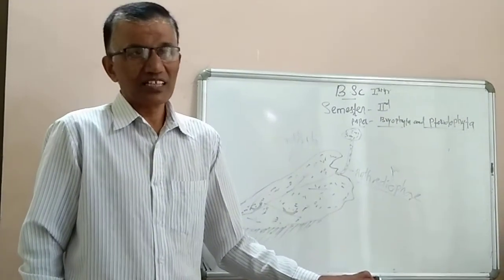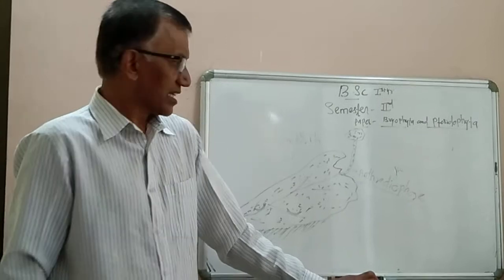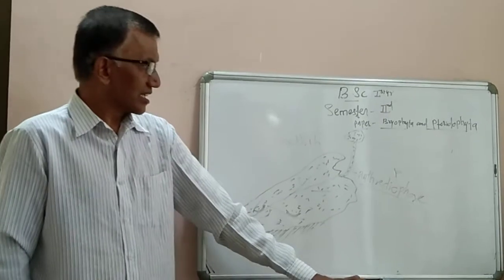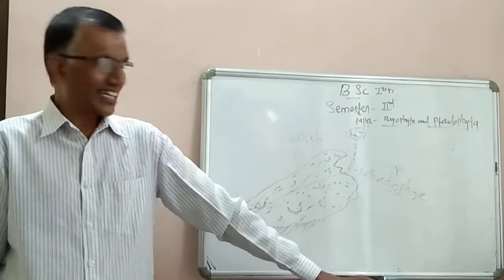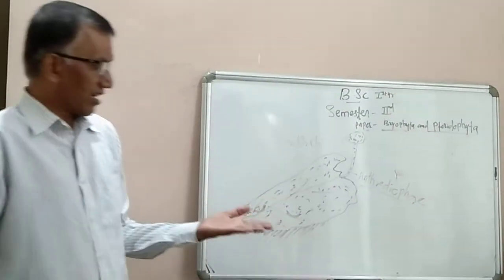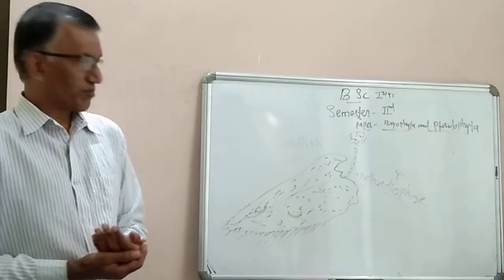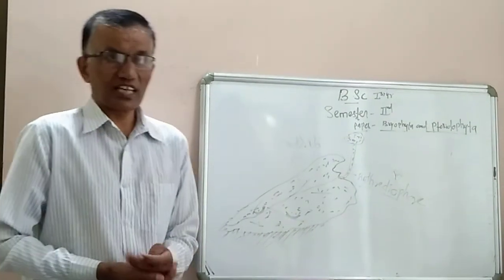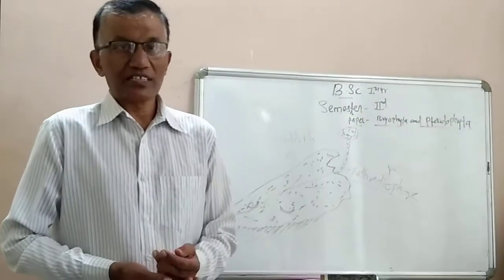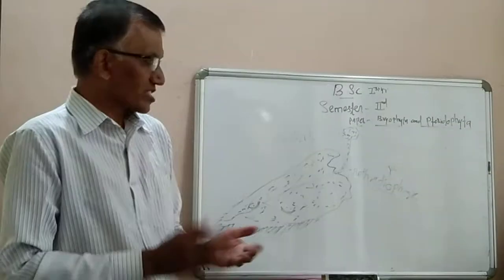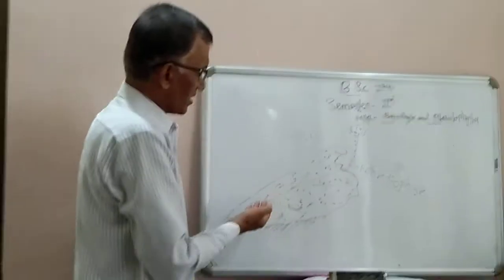Throughout the world, about 65 species have been recognized. In India, near about 11 species have been recognized in different localities, and the most common one is Marchantia palmata. While studying the plant body or thallus structure, the thallus of Marchantia is dichotomously branched and dorsiventrally differentiated. So this is the dichotomous branching.